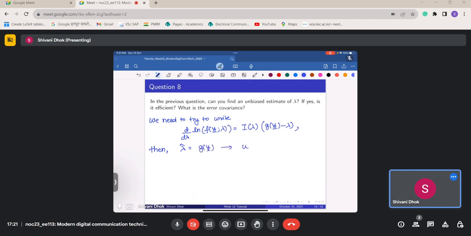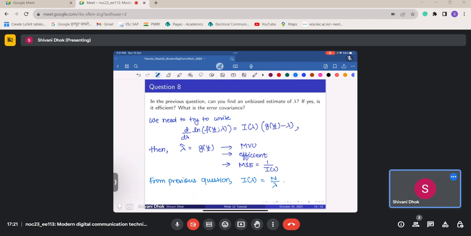This will be the minimum variance unbiased, the MVU estimator. This will be your efficient estimator, and this will have your error covariance as 1 by I of lambda, which is your CRLB. And in the previous question, your I of lambda was obtained as n by lambda.